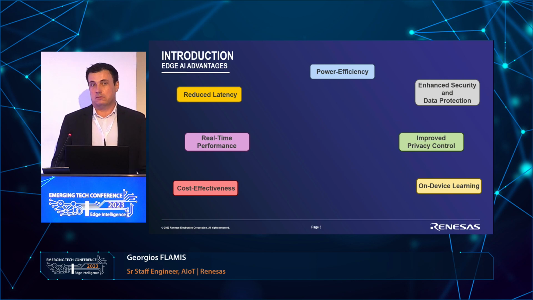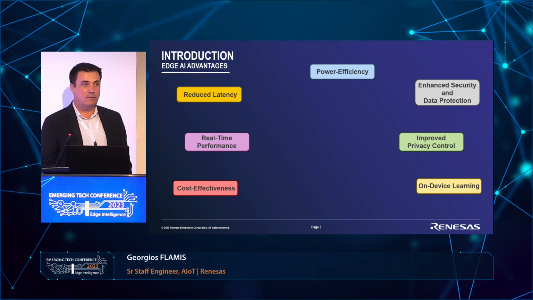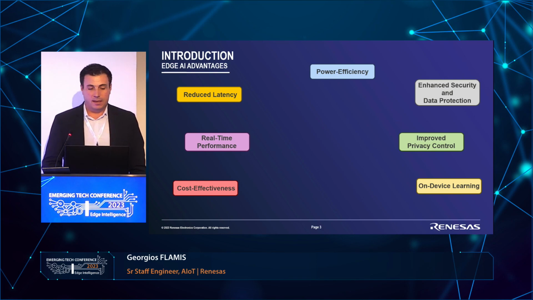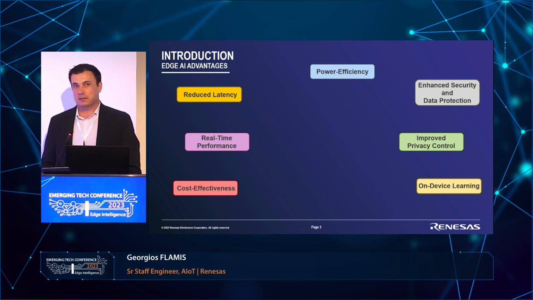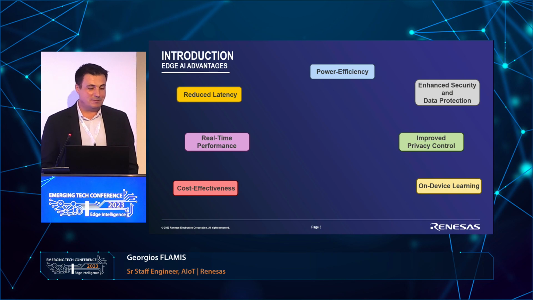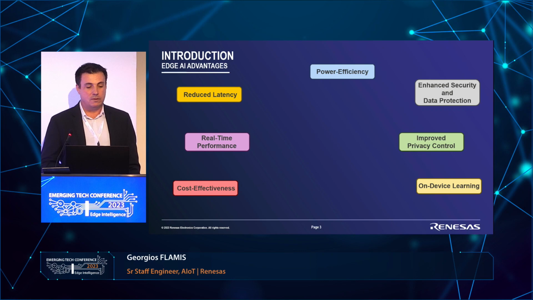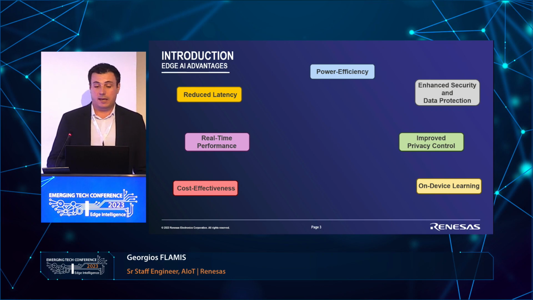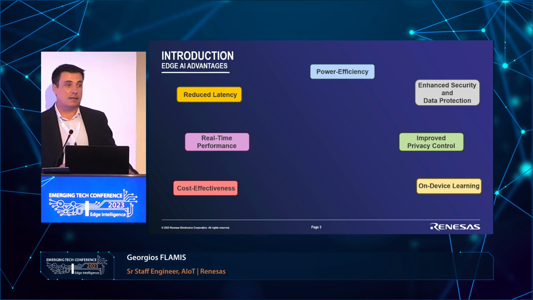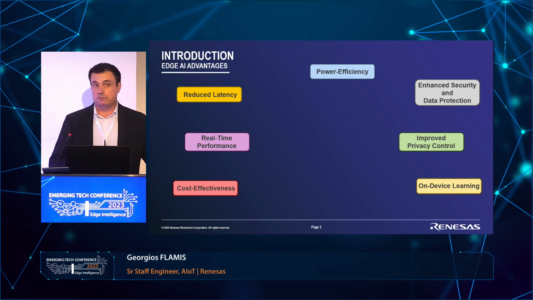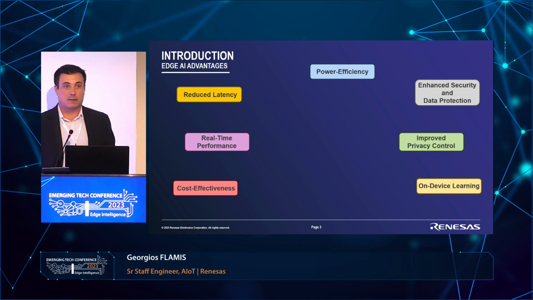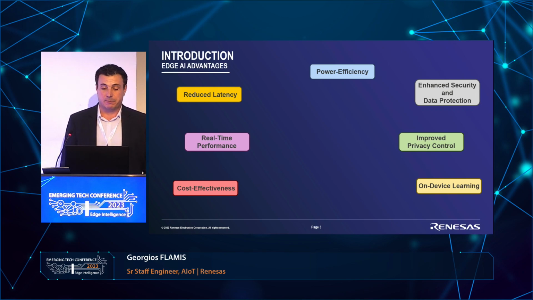Latency because we don't have to transfer data to the cloud, everything is processed locally, and that gives us real-time performance, allowing real-time applications, and that also can improve the cost efficiency, but also the power efficiency, and at the same time bring security and privacy. Privacy because the data remain local, you don't have to transfer them, there's no way for someone to store them, and all of these are private.